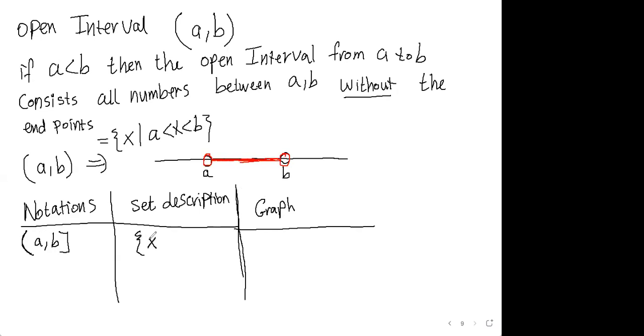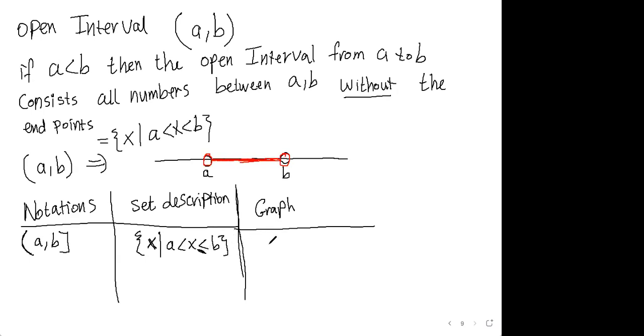X, any value such that, no, it's not infinity to the B. Here between A and B, but A is not inside the interval. This means any value between A and B, but A is not inside it. A does not have equal here, so A is less than X, less than or equal to B. Here we have equal.